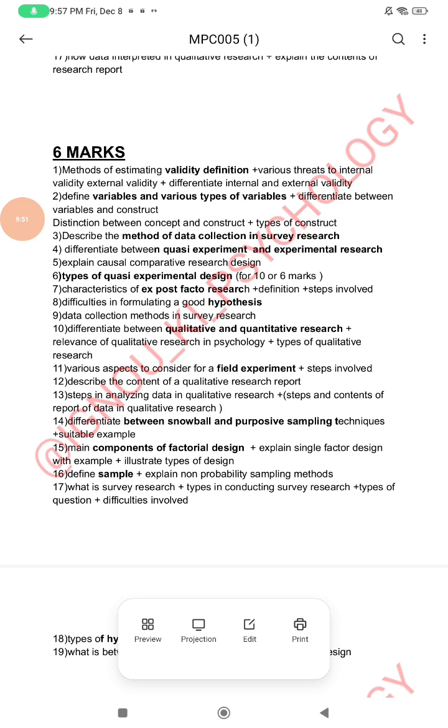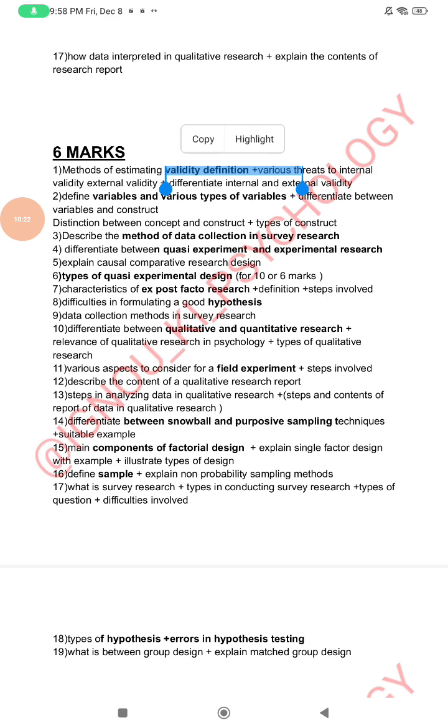Validity is a very important topic, because validity is how well a test actually measures what it was created to measure. किसी पर्पस के लिए जो टेस्ट बना है, क्या वो वही मेजर कर पा रहा है, इसे कहते हैं वैलिडिटी. So validity के मेथड्स क्या है, वेरियस थ्रेट्स क्या है, डिफरेंशिएट करना है इंटरनल और एक्सटर्नल वैलिडिटी को. So please do prepare this topic. Important, validity and reliability both are very very important.